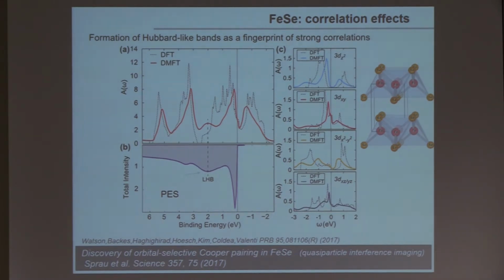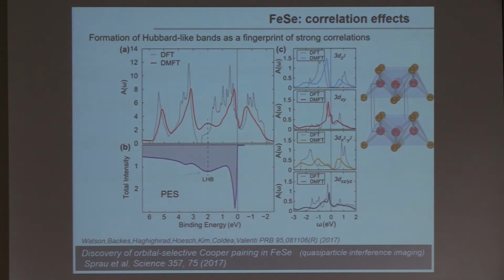So this was, again, a confirmation of this different renormalization of bands. And I would like to mention that very recently, in the group of Seamus Davis, by using quasi-particle interference imaging, they have been able to see that the Cooper pairing that happens in the superconducting state is in fact orbital selective.